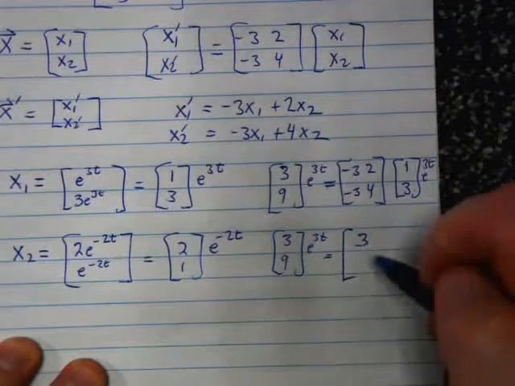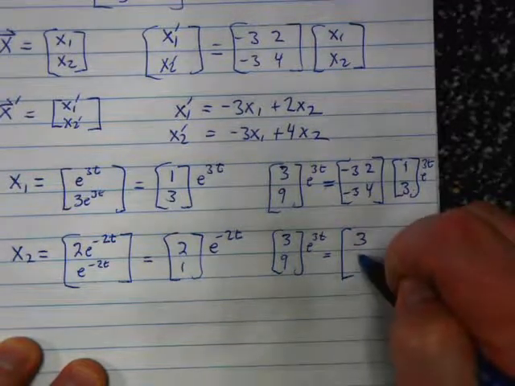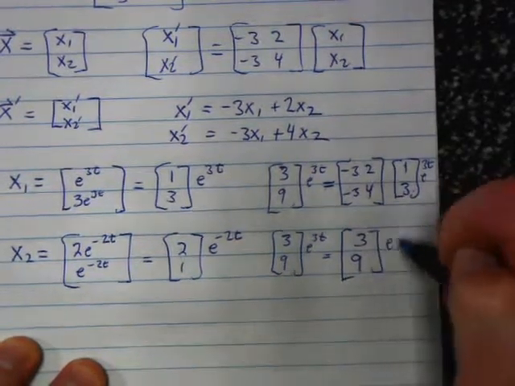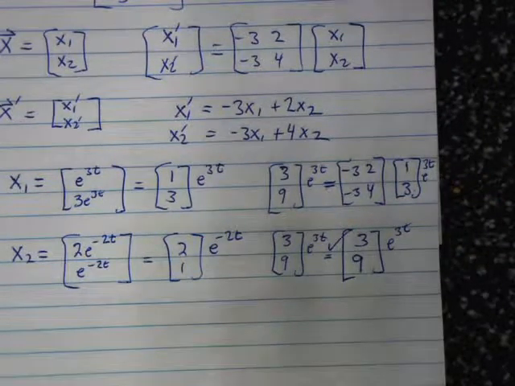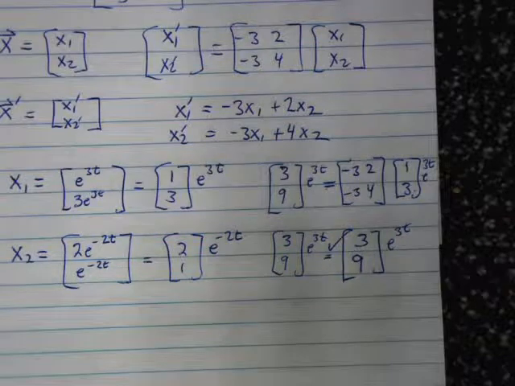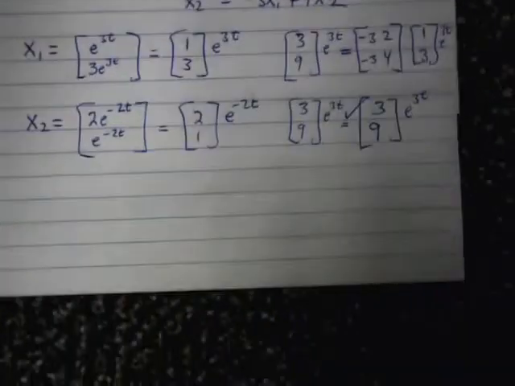Negative 3 plus 12? 9 e to the 3t. Those are equal. So that first one is a solution. Do you believe that the second one's a solution? Yes. Okay, we believe that. Good. I won't work through that then.